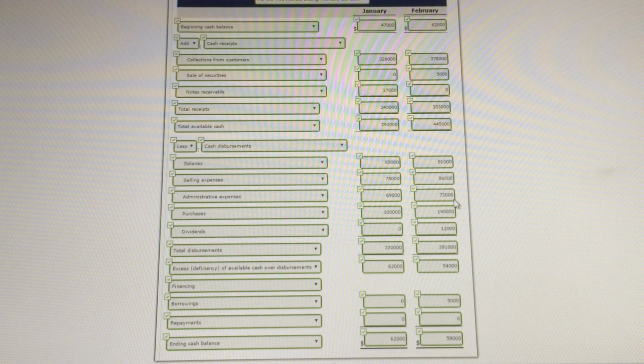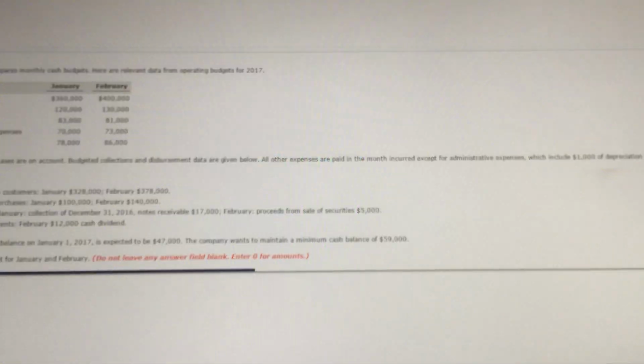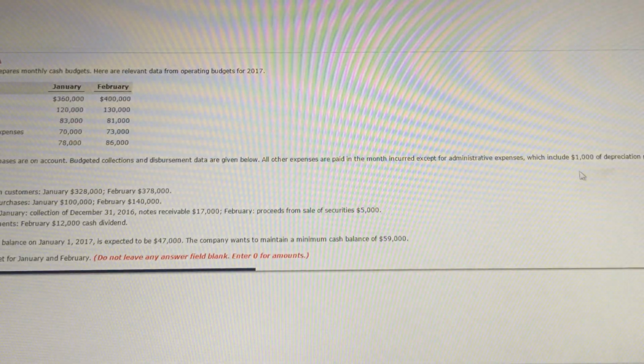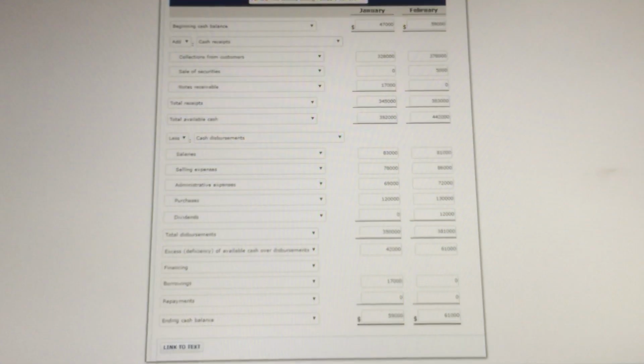I know there's a whole bunch of different numbers on other people's work, but if you go back to the beginning and look at what it tells you here, if it includes depreciation, you would take it away from the administrative expense. Mine was $73,000, so I took away that and made it $72,000.